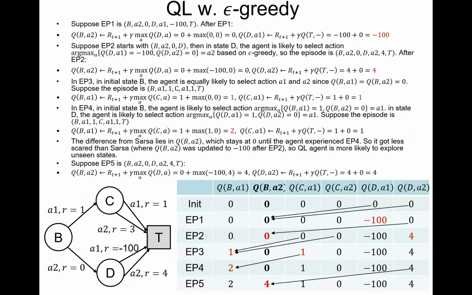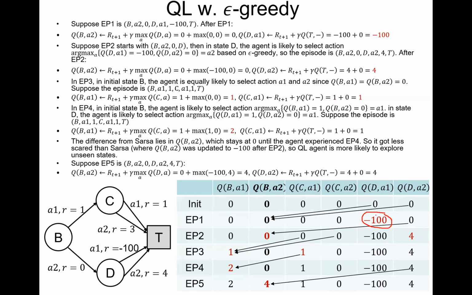So for Q-learning, let's work it out. In the first episode, suppose it's random actions because all the Q values are 0. So you perform the first update. So QD, you take the A1 action, get -100.